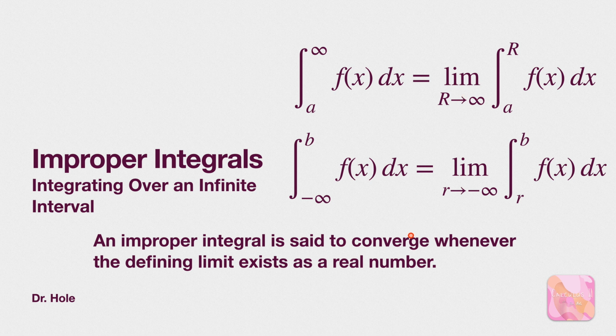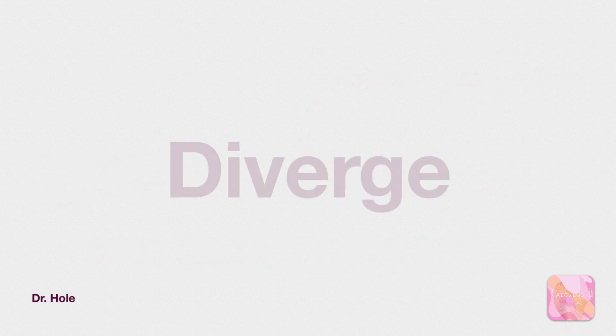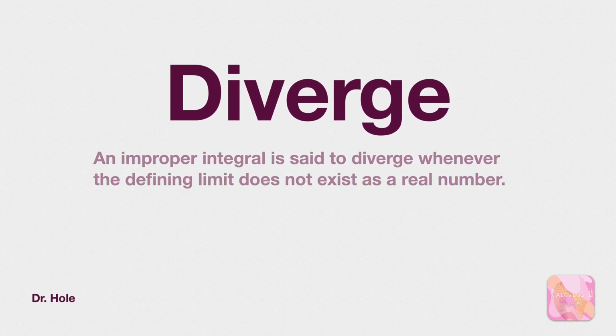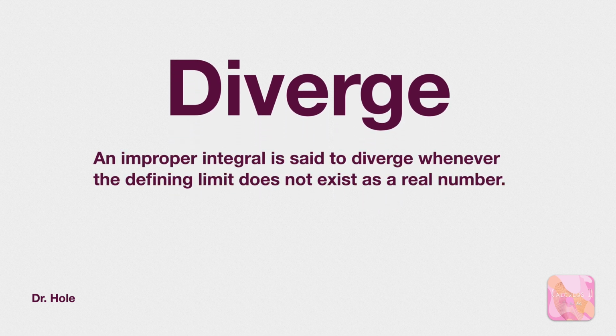Nice. That's the notion of convergence. On the other hand, if convergence is not attained, then we can describe that situation with the word diverge. An improper integral is said to diverge whenever the defining limit does not exist as a real number.